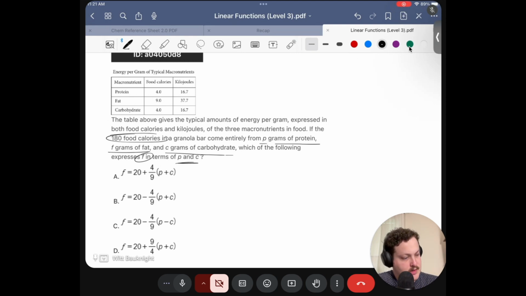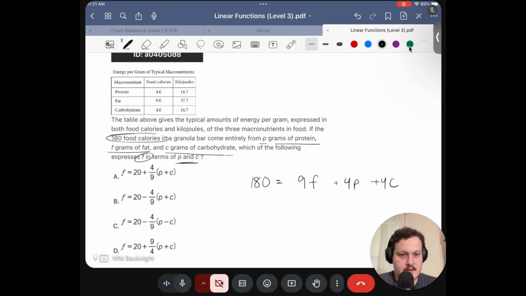Okay, so 180 equals fat plus protein plus carbs. Nope. 494. Cool.